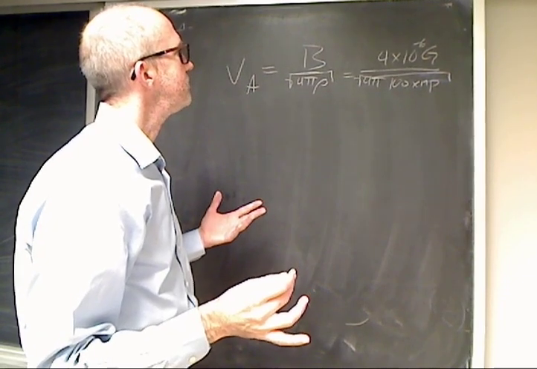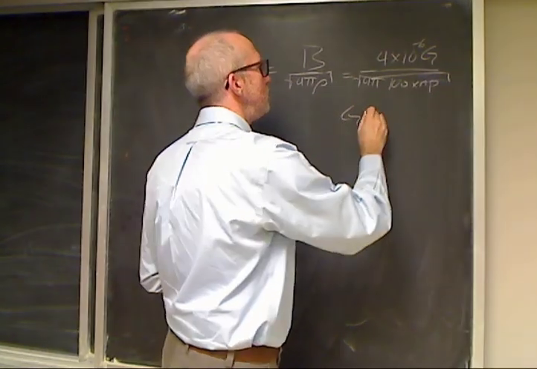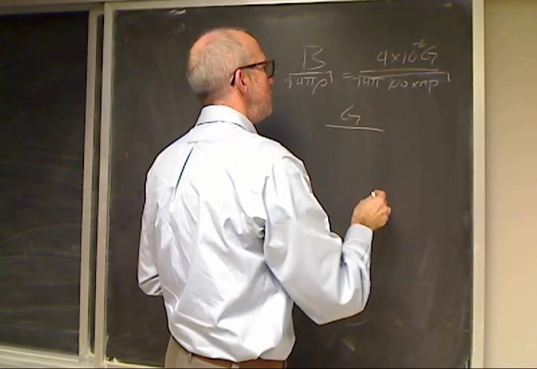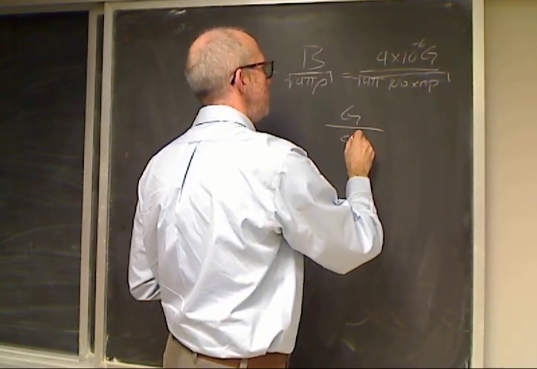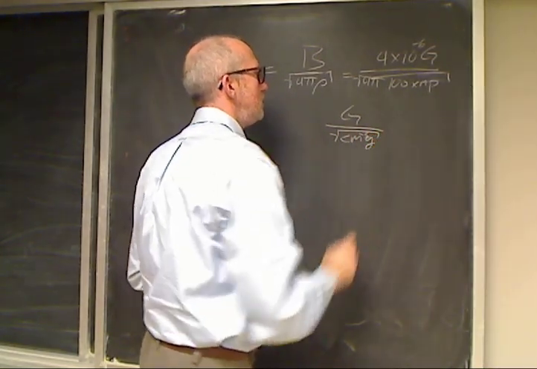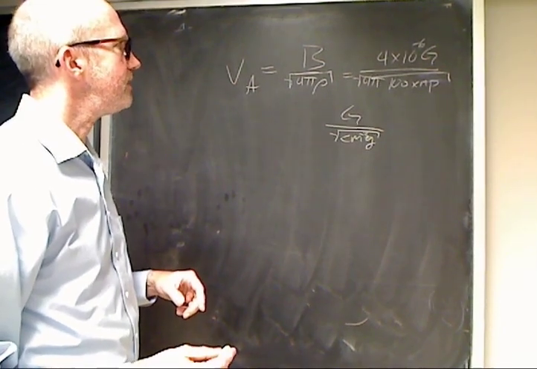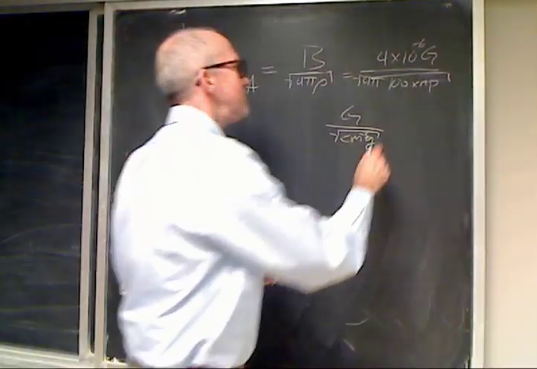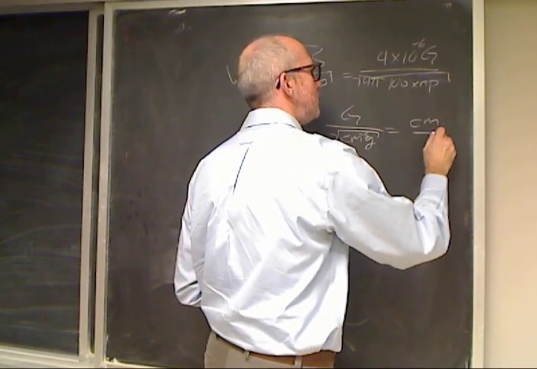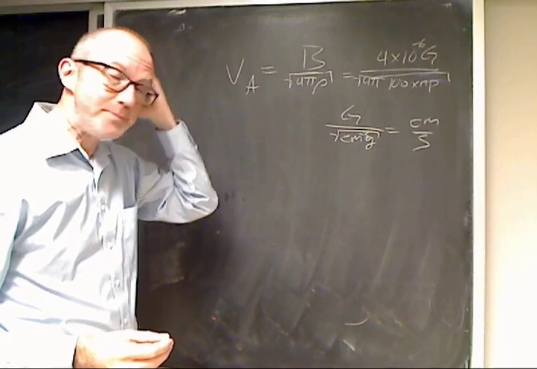Now you're left with something funny, because what are my units? I'm left with a gauss divided by the square root of a gram per cubic centimeter. Those are the units, and I'm going to tell you that works out to be a centimeter per second.